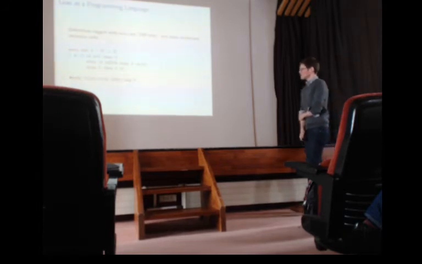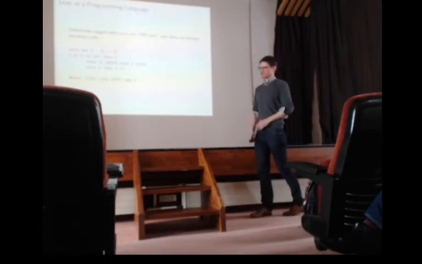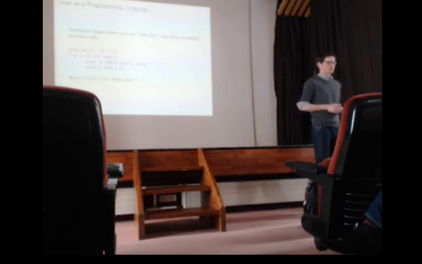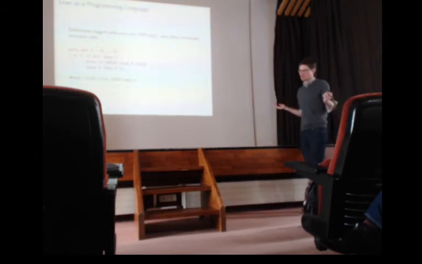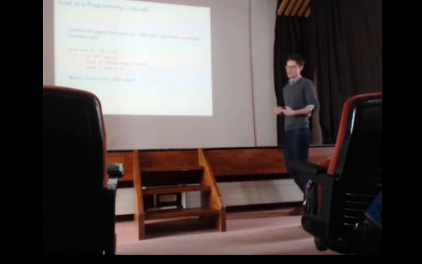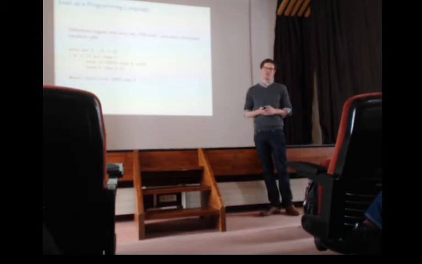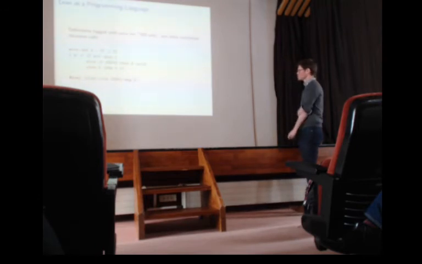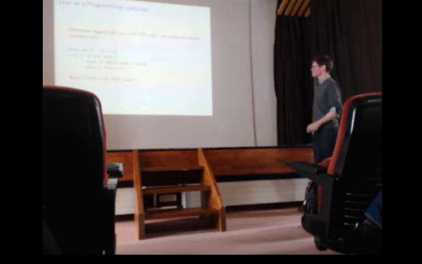Well, the rules of the calculus of constructions are maybe too restrictive. In particular, we can't write unguarded recursive functions in the calculus of constructions because it would be unsound. You can prove false with a non-terminating proof of false.